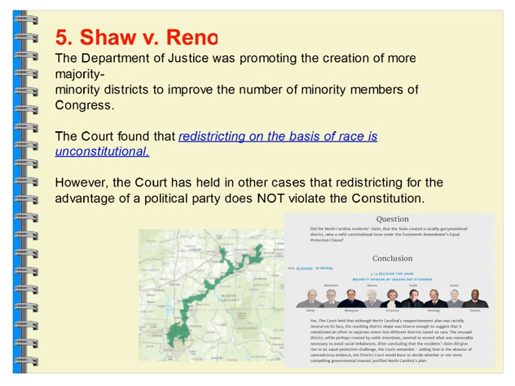That is what we call cracking and packing. The courts have upheld that cracking and packing is a violation of the Constitution. So Shaw v. Reno was an example in North Carolina where this was the case, and the Supreme Court weighed in and said, yeah, that's unconstitutional. You cannot do that based on race. It's a violation of the Equal Protection Clause of the 14th Amendment.